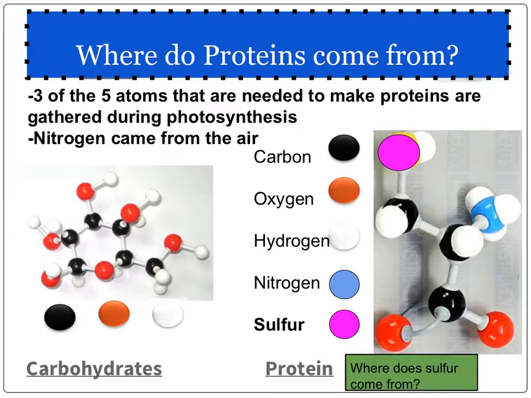The atom is sulfur, and the big question is now, where is this sulfur coming from? Since it didn't just come from photosynthesis, and it didn't come from the air, where's sulfur coming from?